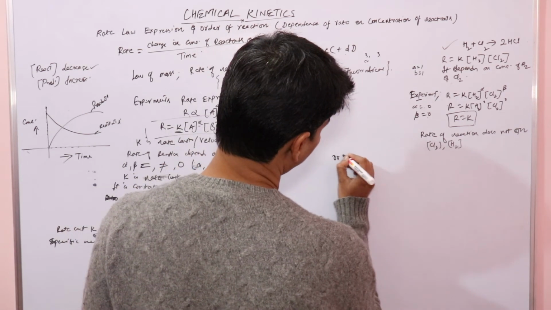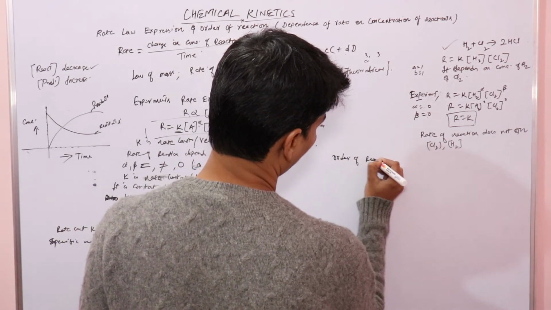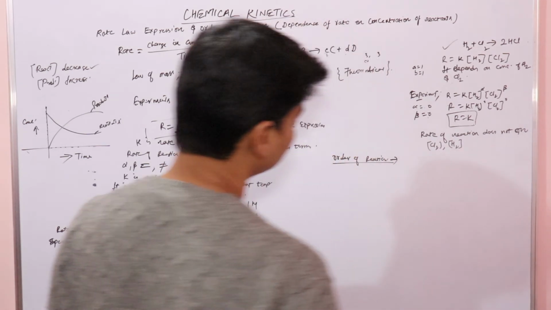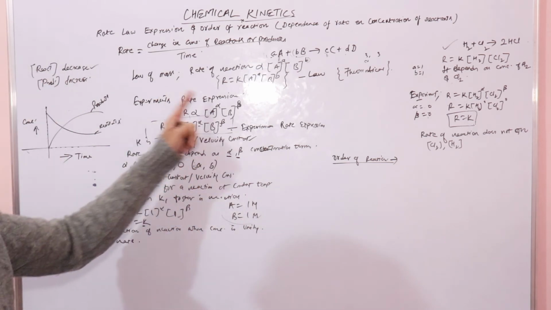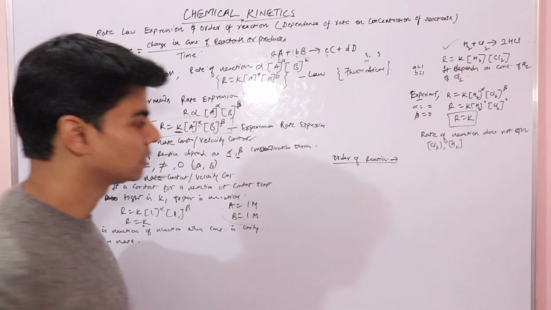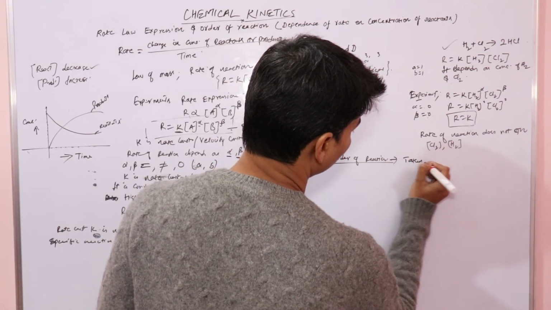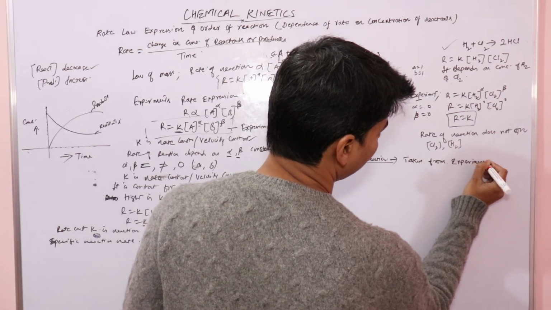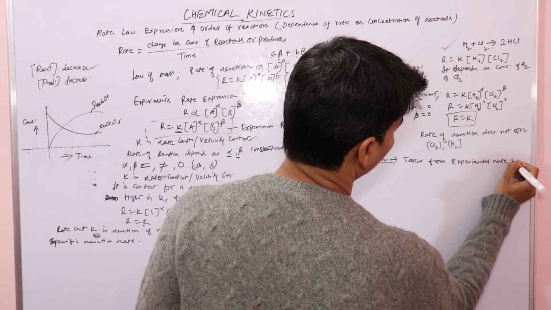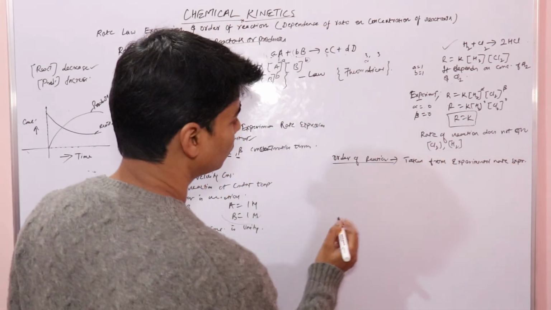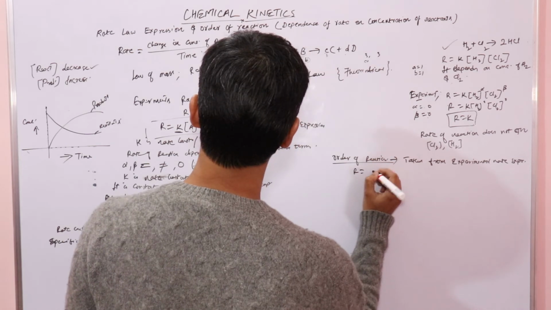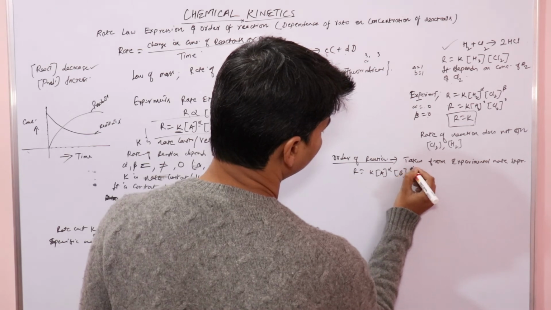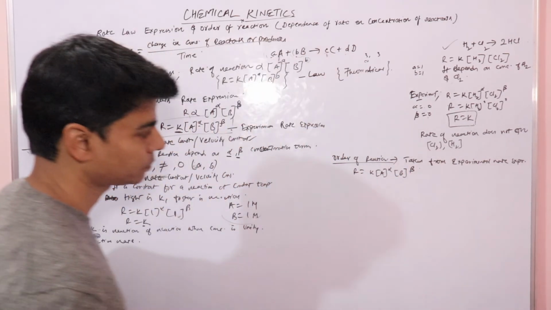So order of reaction is taken from the experimental rate expression, which is R equals K A to the power alpha B to the power beta.